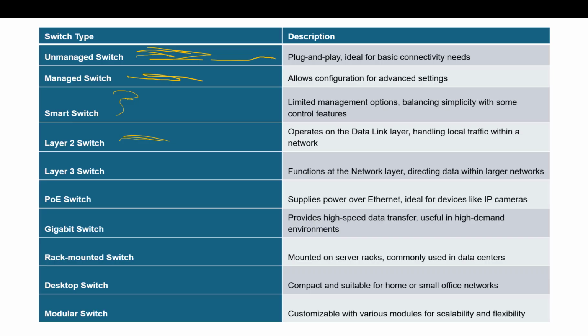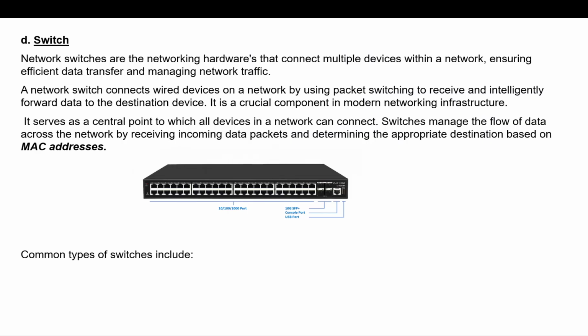Now, if you see, we get a layer 3. Layer 3 is a network switch. It functions at the network layer, directing data within a large network. If we go back and see, the layer 2 one uses the MAC address, right? Because a MAC address is layer 2, the personal number of the device, used for sending messages.